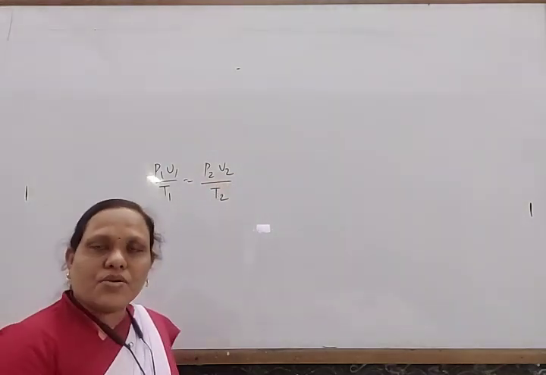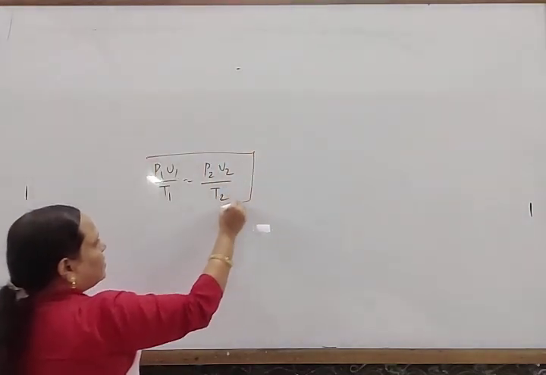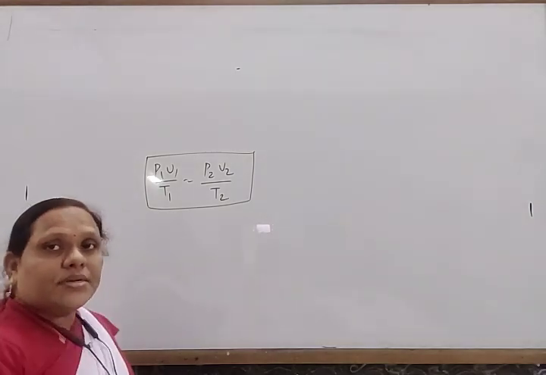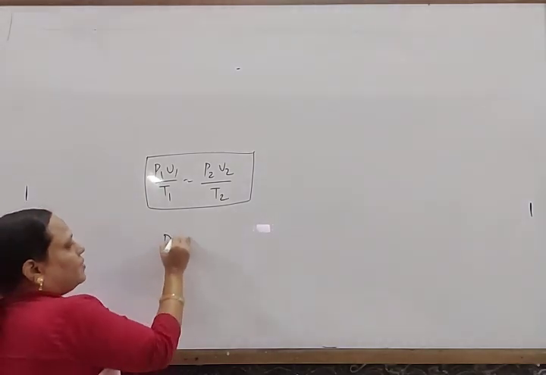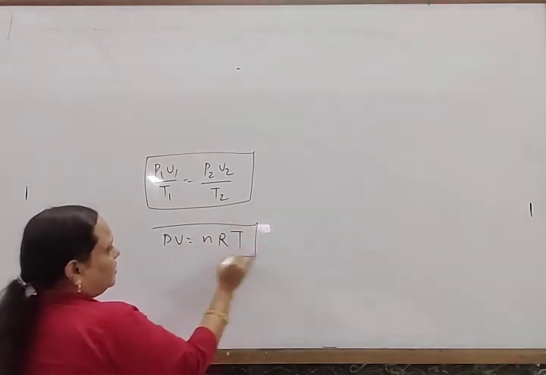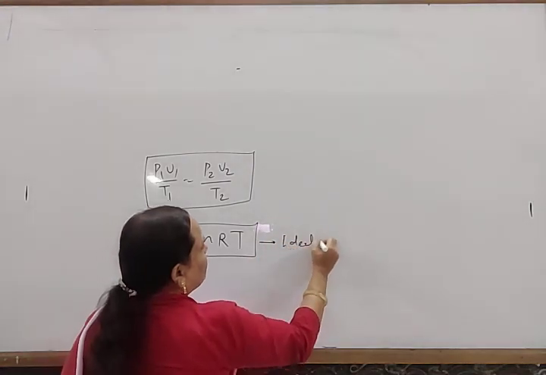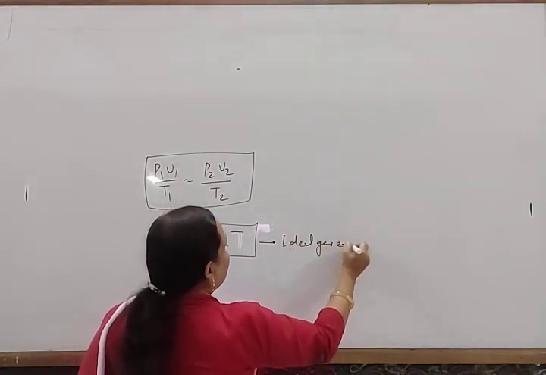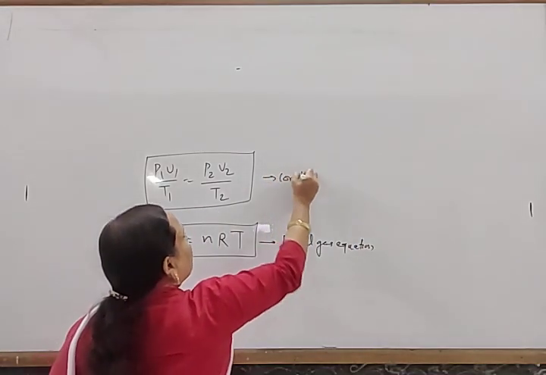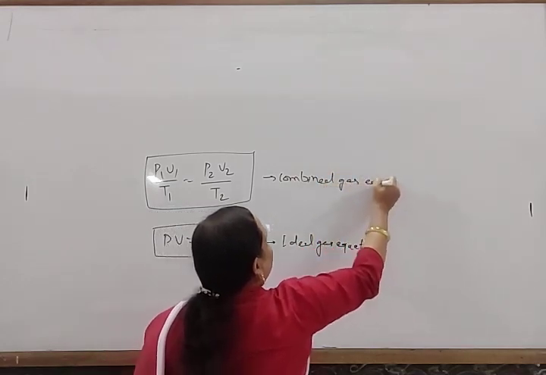Another equation we derived from all the gas laws is PV equal to nRT. This is known as the ideal gas equation, and this is known as the combined gas equation.